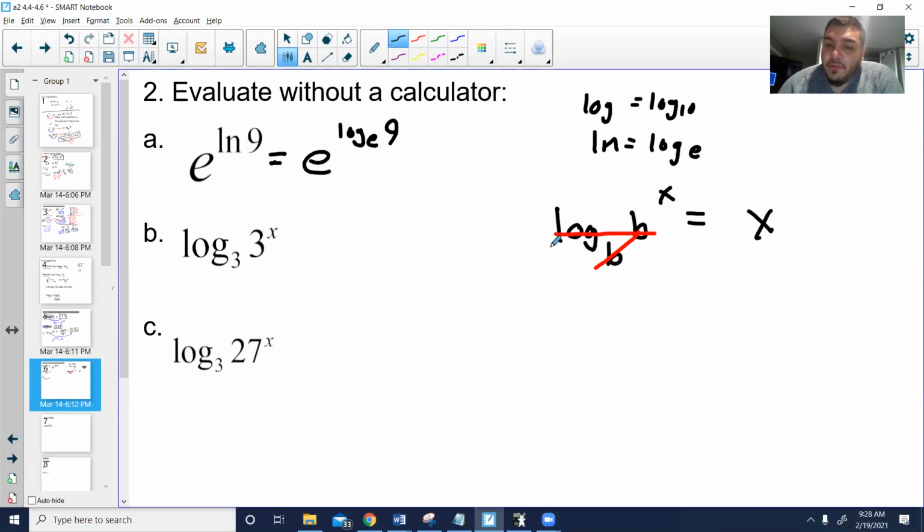So that is actually an important rule. I'll do it without the little red lines. The base of the log and the base of the exponent being the same number means you can cancel out and you would be just left with x.